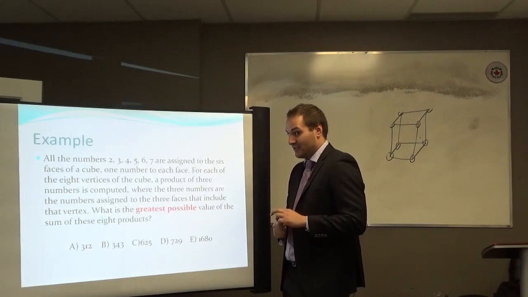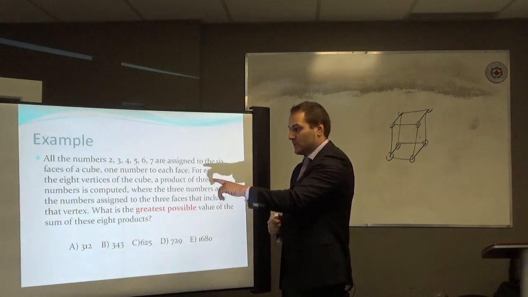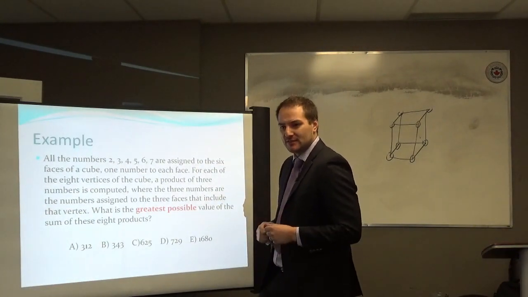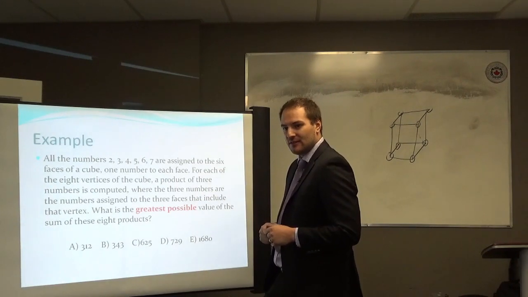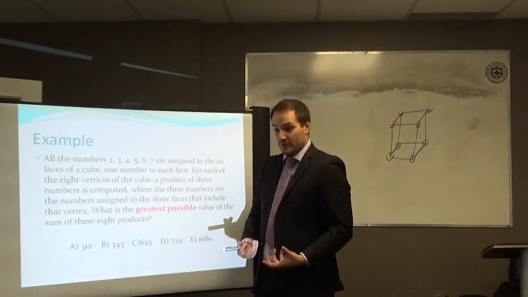How do we know they don't assign the numbers more than once? How many numbers are there? There's 6. Why didn't they do 1 to 6? Because that'd be too easy. They do 2 to 7, so you're confused.